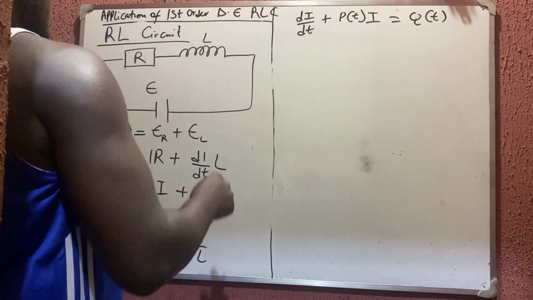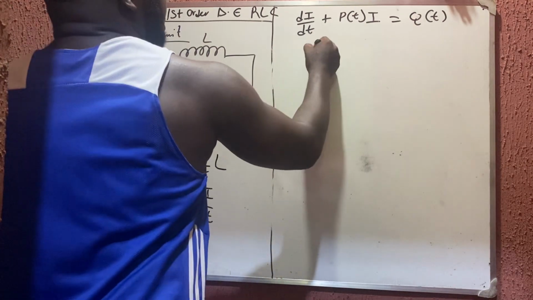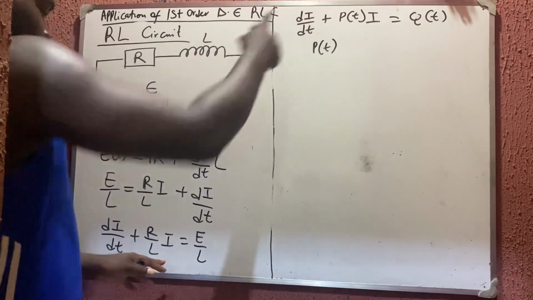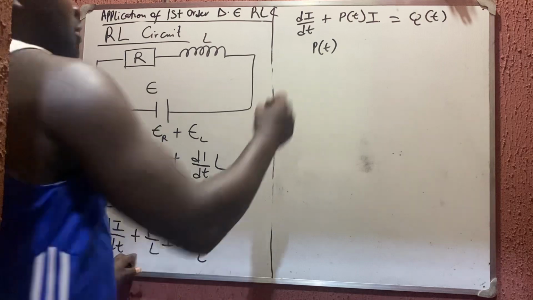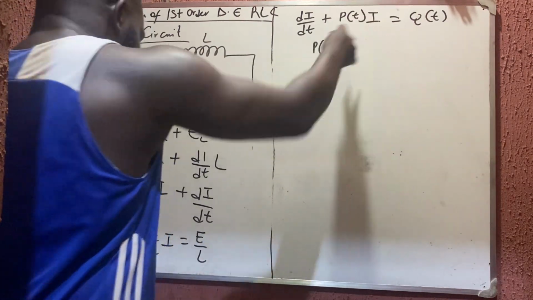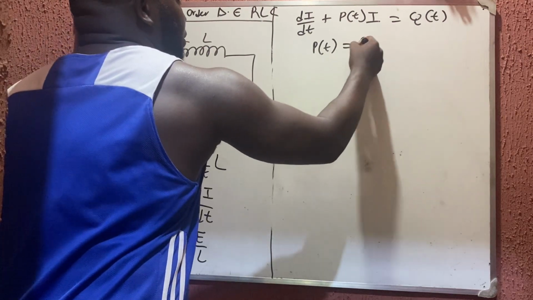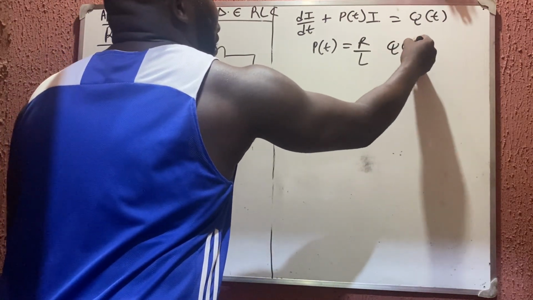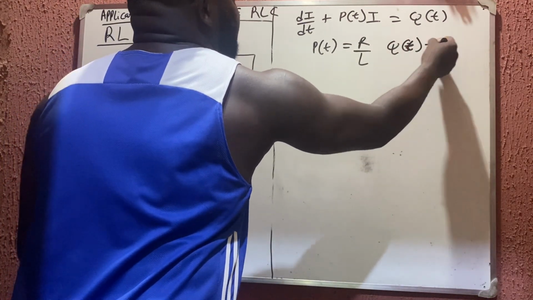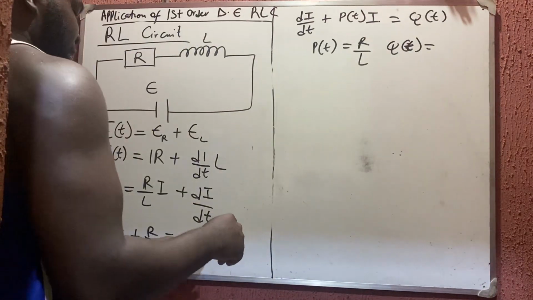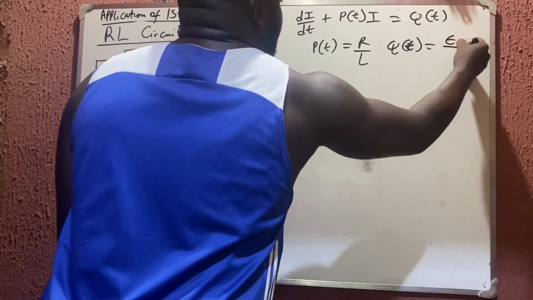If you compare this with our equation, you see that p of t is the coefficient of I. And what is the coefficient of I here? R over L. So p of t is R over L, while q of t is simply anything on the right hand side, which is E over L.